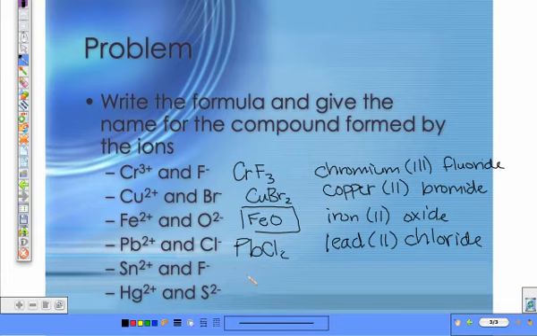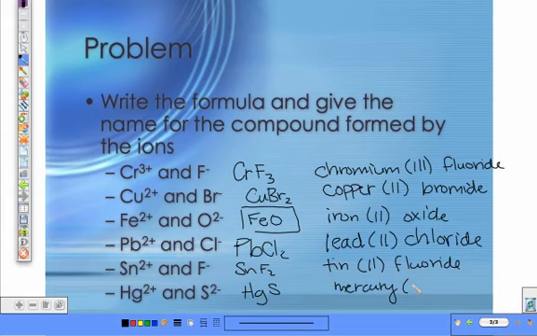Sn and F. SnF2, name. Tin(II) fluoride. And last one, HgS. Mercury(II) sulfide.